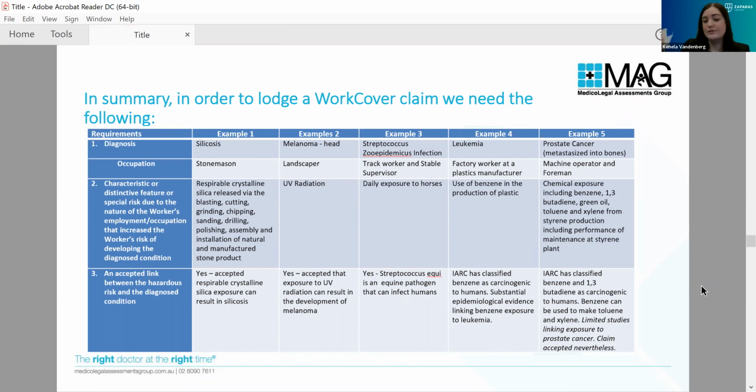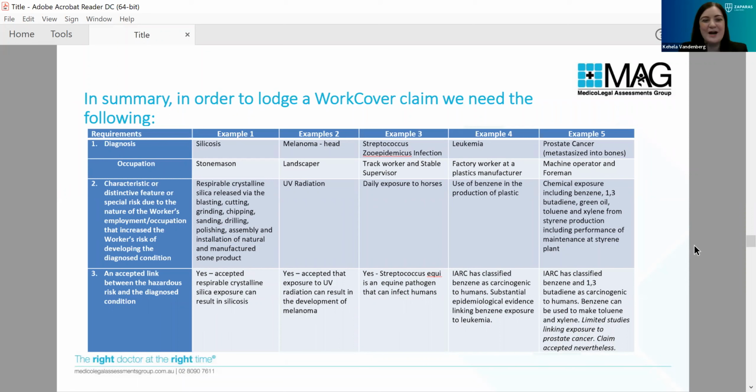Unfortunately, he would do readings, and he kept one of the readings because he'd put in an incident report many years ago about how the readings were too high and there were leaks and so forth. Again, some of the chemicals he was exposed to have been linked to cancer. I didn't find a lot of studies on benzene linked to prostate cancer, but nevertheless, his WorkCover claim was accepted.